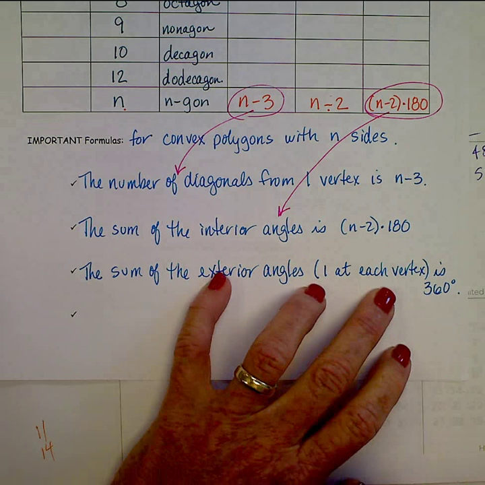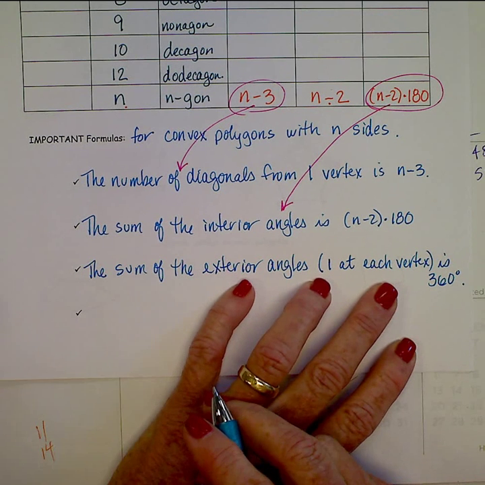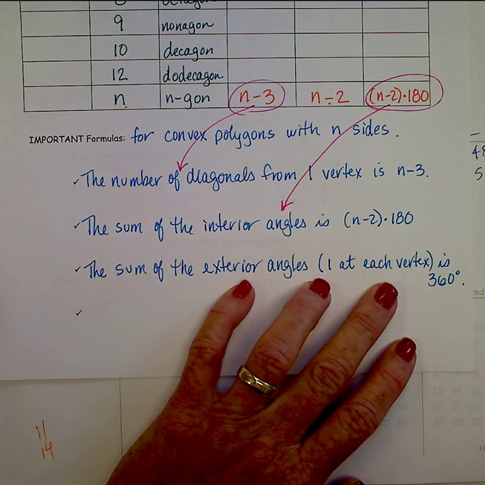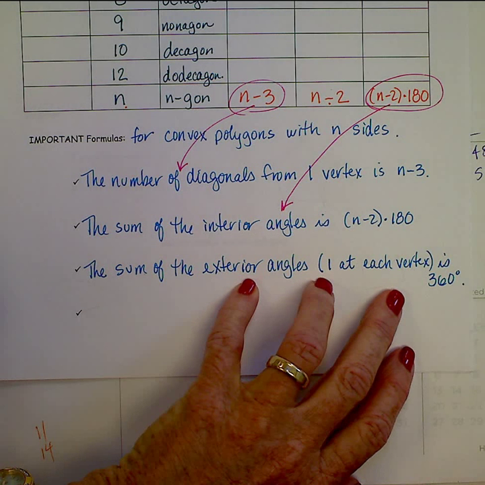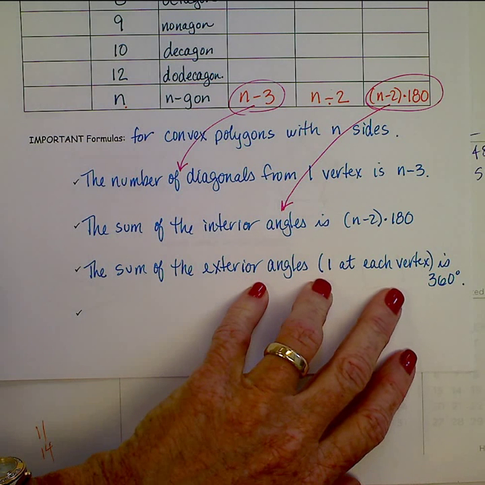That's it. The sum of the exteriors is 360. It is not dependent on the number of sides. So whether you have a triangle or an octagon or a dodecagon, the sum of the exterior angles is always 360.